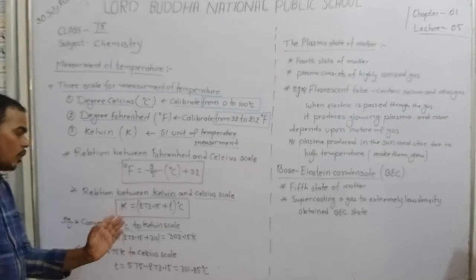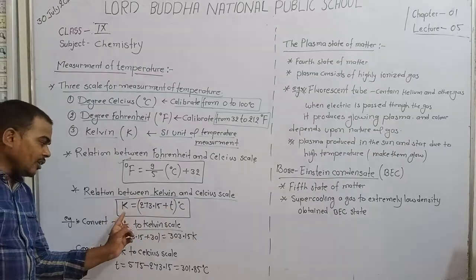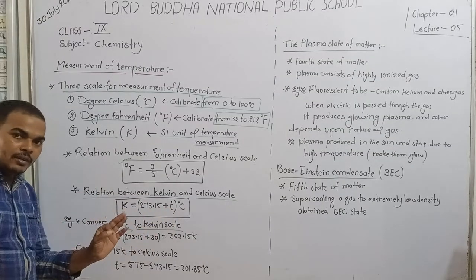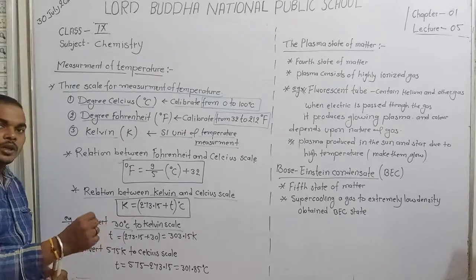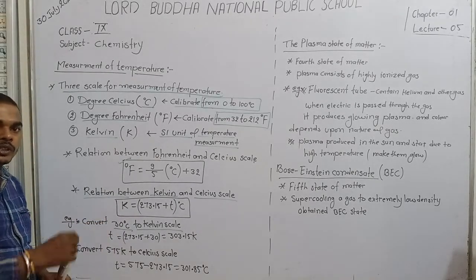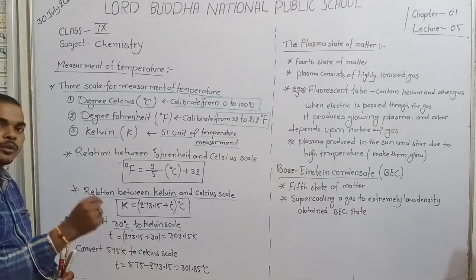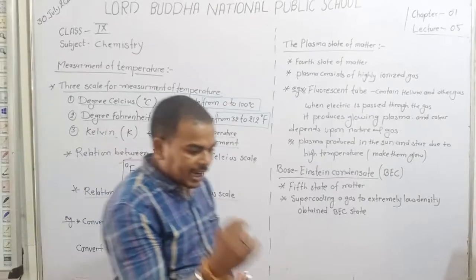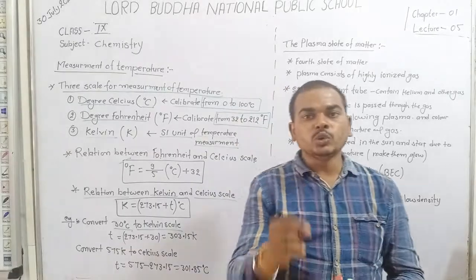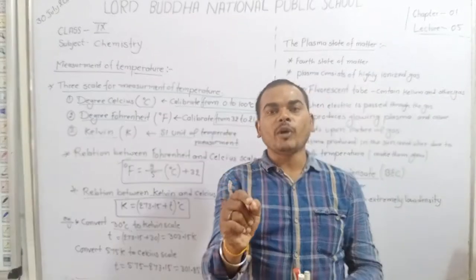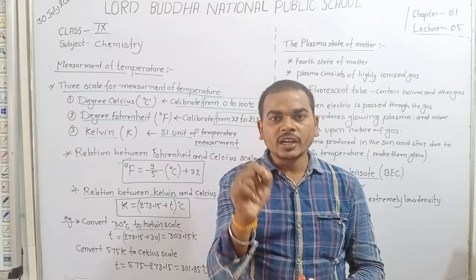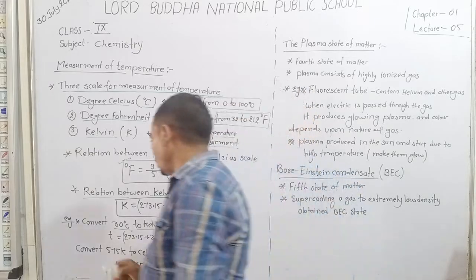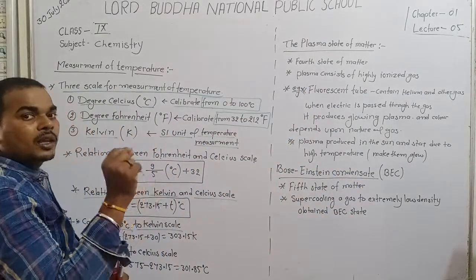For the conversion of Kelvin into degree Celsius, we subtract 273.15 from the Kelvin.